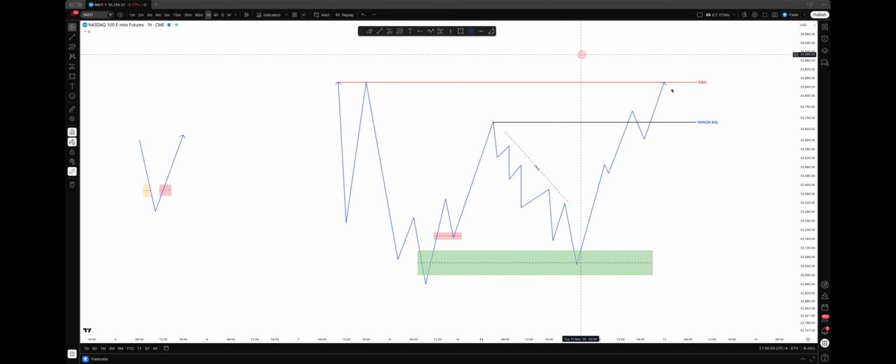So now when price came and tapped into the 50% level of BPR, what happens? You wait and watch how price reacts over there. If the body respects 50% or the uppermost body of the fair value gap, and just the wick does the damage up to the 50% or maybe lower, that's fine.